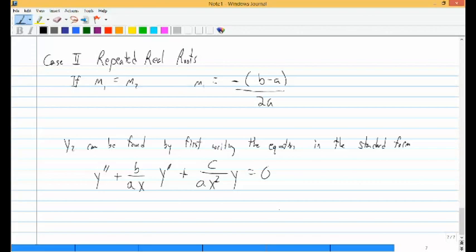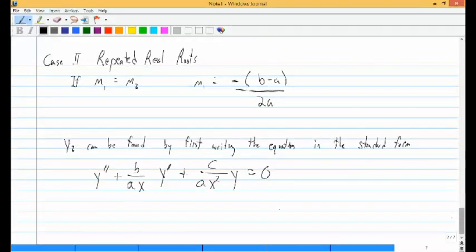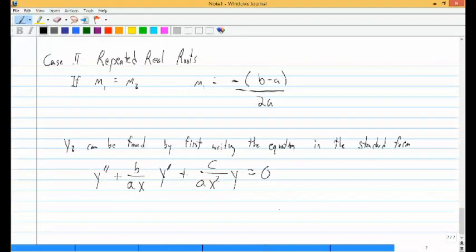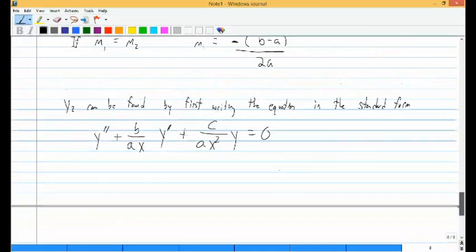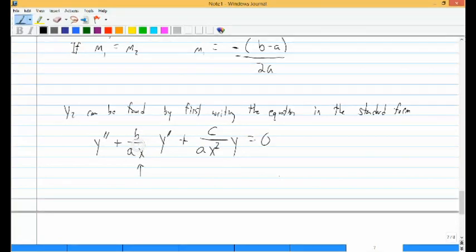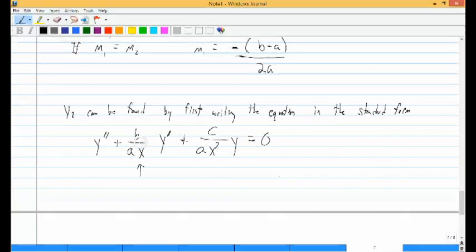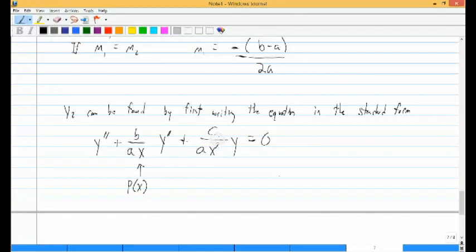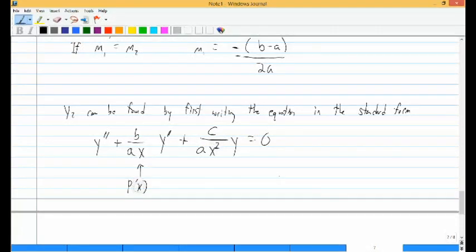All right, so to find this other solution here, we have to take a look at the p of x. The p of x is the term that's in front of y prime. This was p of x in the standard form of differential equation. This is q of x, but we're only worried about p of x.